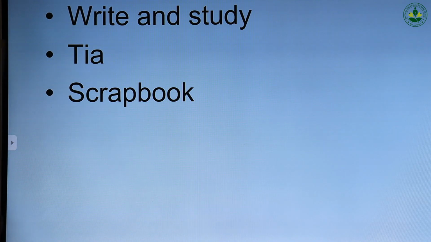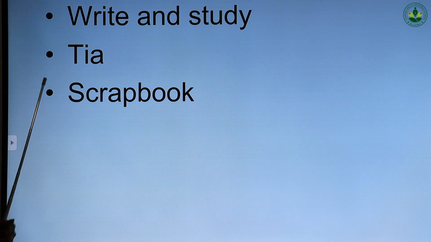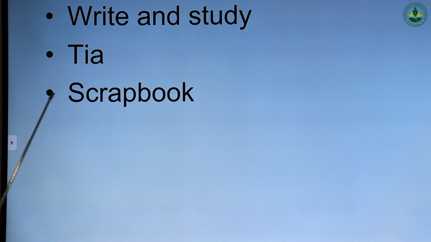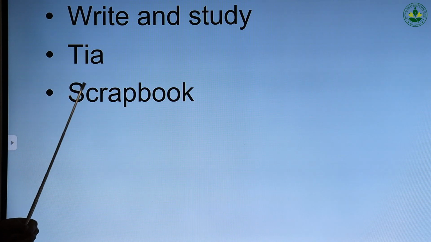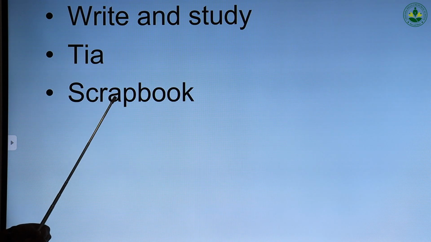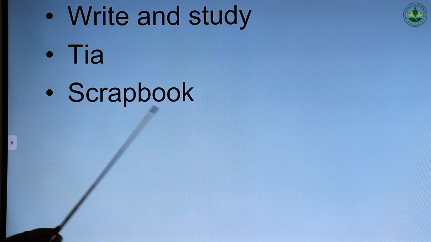T-I-A. Tia. Then scrapbook. What is the spelling of scrapbook? S-C-R-A-P. Scrap. B-O-O-K. Book. Scrapbook.